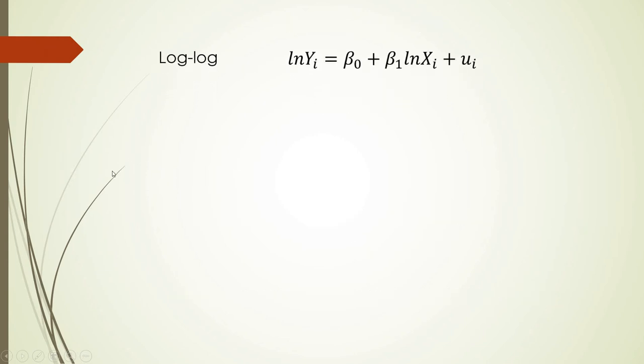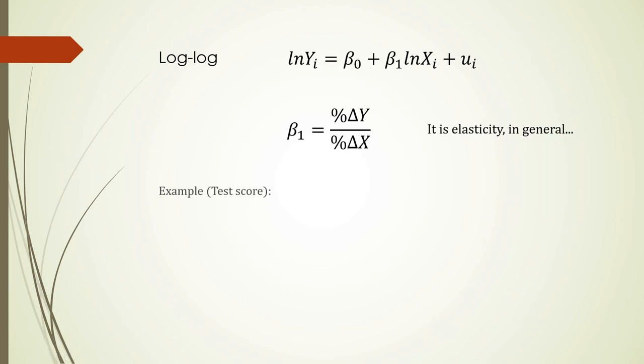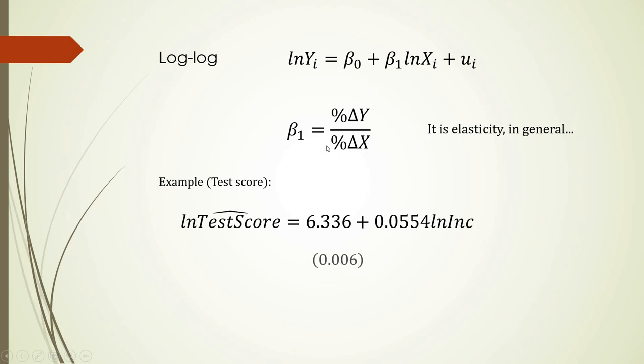And the final model is the log-log model, where we have logarithm on both sides. It is the easiest model because everything is in percentages. So it is actually an elasticity model in general. Percentage change of x will cause the percentage change of y. For example, in our model with the class size, income will be under logarithm like in the first example, but also test scores will be under logarithm.